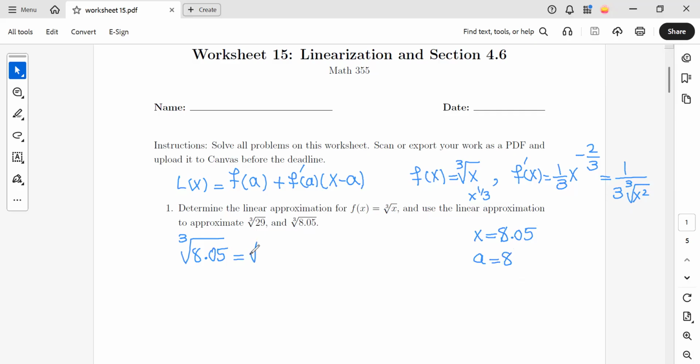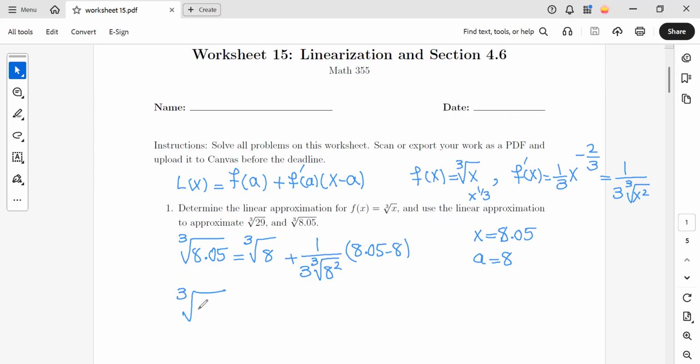So f of a would be cube root of 8 plus f prime, which is 1 over 3 times cube root of 8 squared, times the difference of 8.05 and 8, which is 0.05.